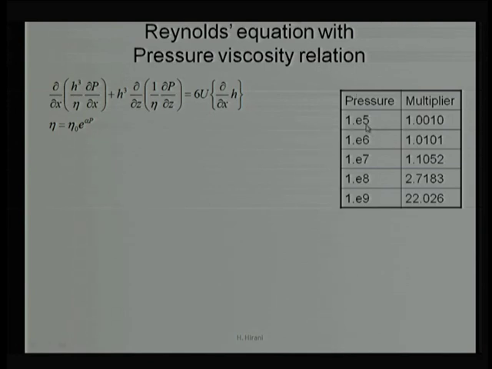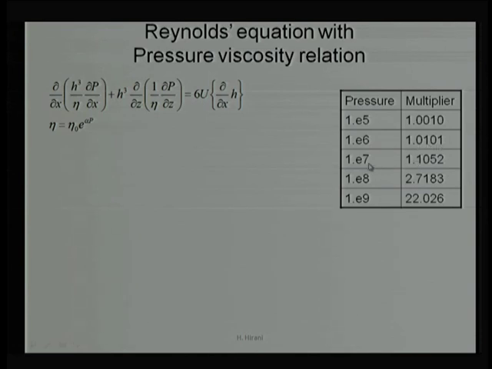When the pressure is around 100,000, the multiplier, e power alpha p, is 1. When pressure increases 10 times, viscosity increases by 1%, so the multiplier will be 1.01.